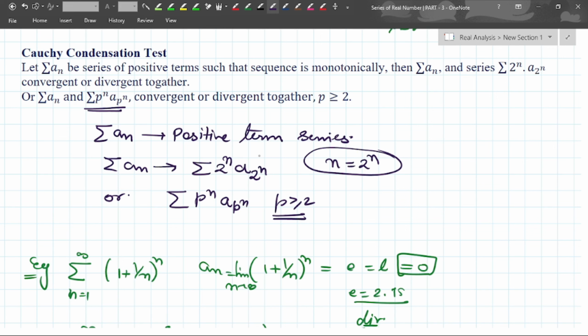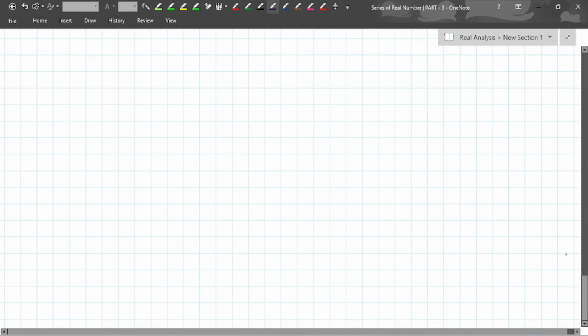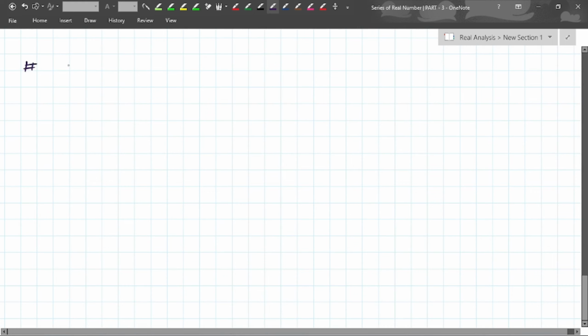Now we'll see this test, and I should take one example of this. If you have a sequence like this, let me explain again what the Cauchy condensation test is.